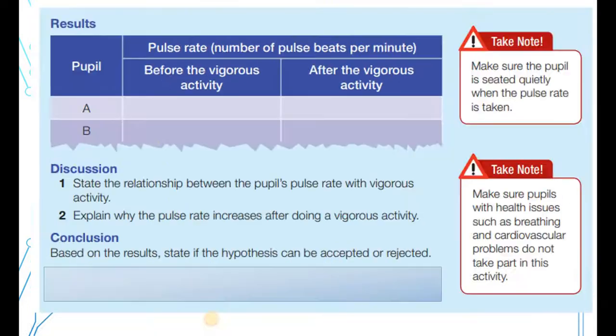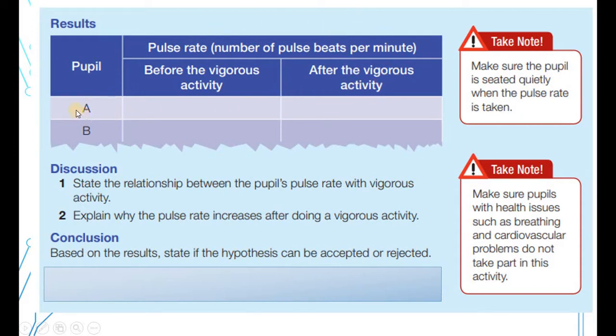Okay, next, after you write the procedure, you have to write the results. So results here are based on the variables. Okay, you have to draw a table here. On the left side is the manipulated variable, on the right side is the responding variable.